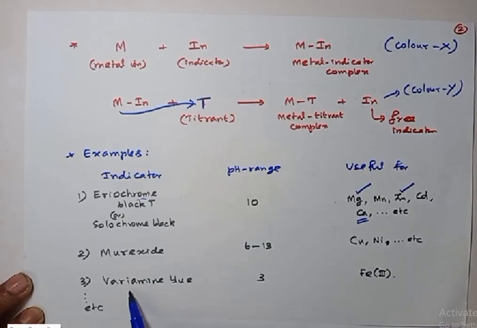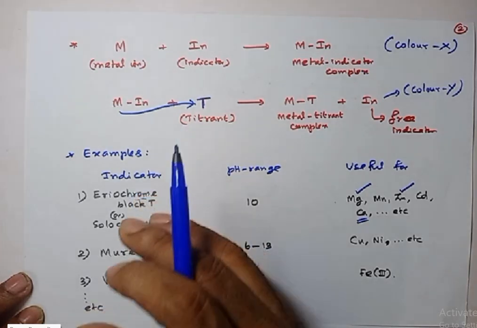Then we have variamine blue, whose pH is 3, and this indicator is very specific for iron 3 plus metal ions. Just like this, we have a number of metallochromic indicators available. I have given only three.